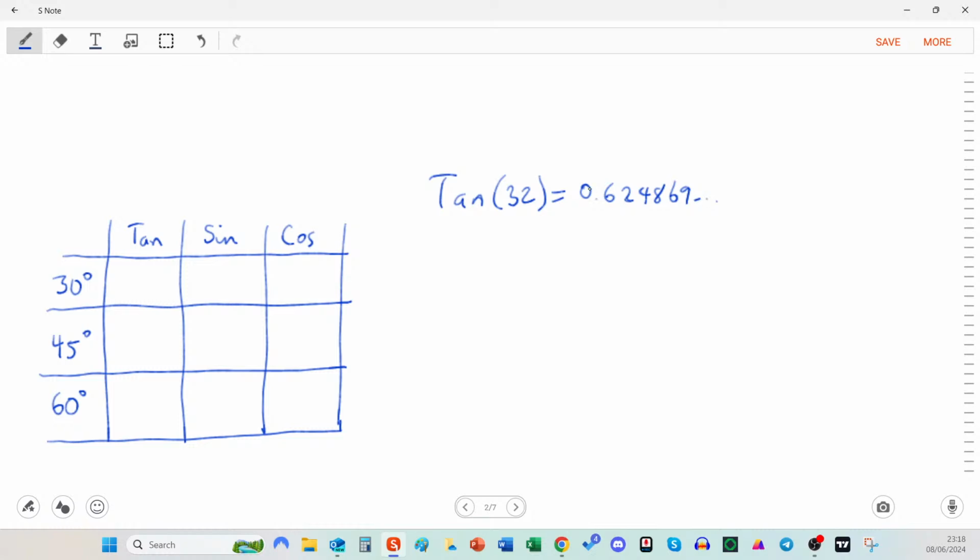Typically that's the case. However, if you type in tan 30, it's actually really nice. It comes to be this nice expression, whereas all the others can't be written like this, but this one can. That's the same with all the others.